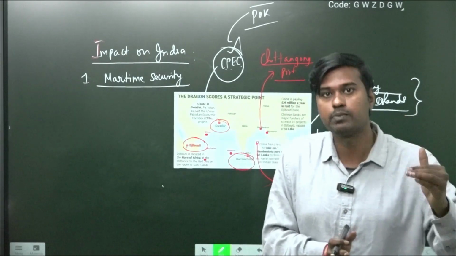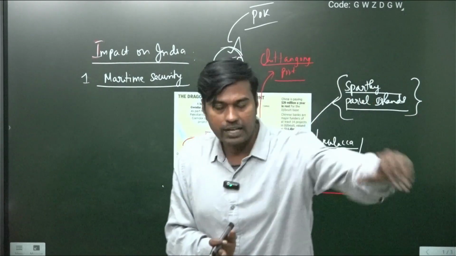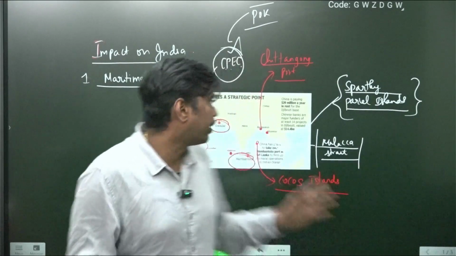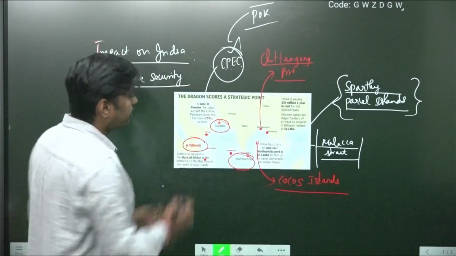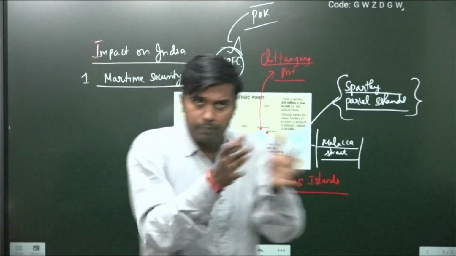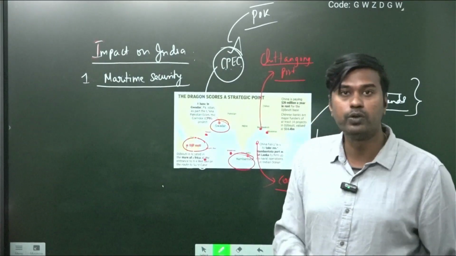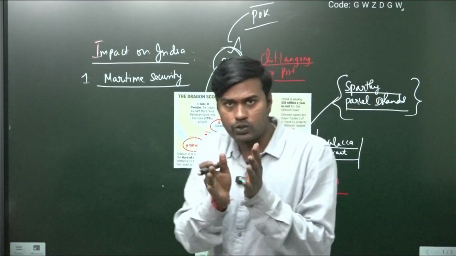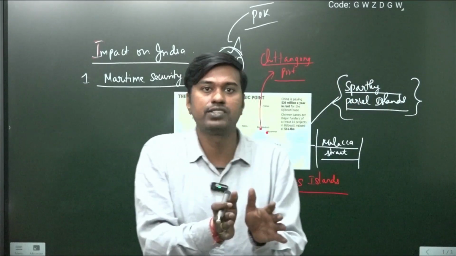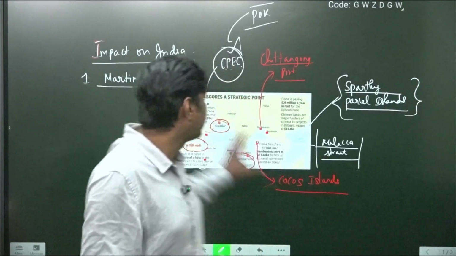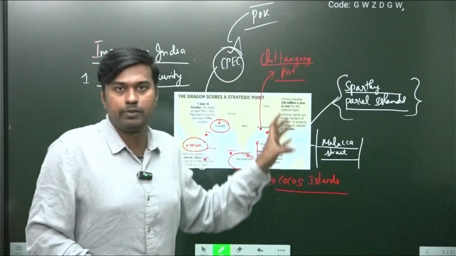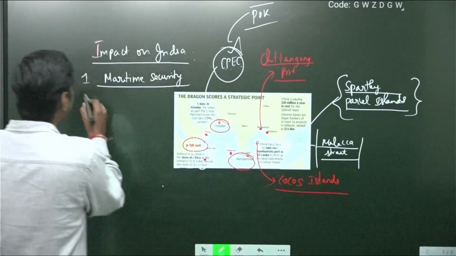And there are various points in the Indian Ocean region, starting from the Malacca Strait to the Strait of Hormuz, and extending even up to East Africa, up to Djibouti, any points where choking can happen or dominant presence of Chinese activities in the Indian Ocean region can disturb India's maritime security. This is what India is mostly concerned about.